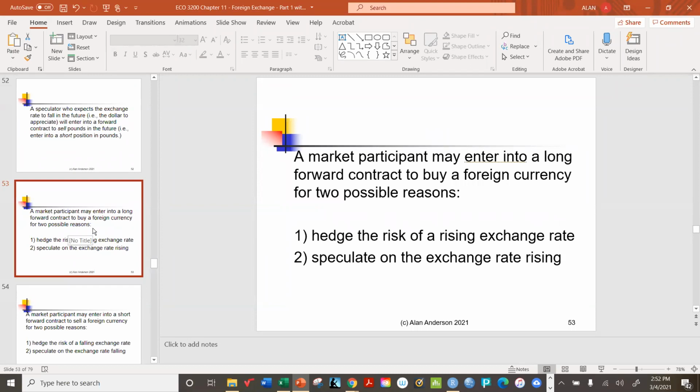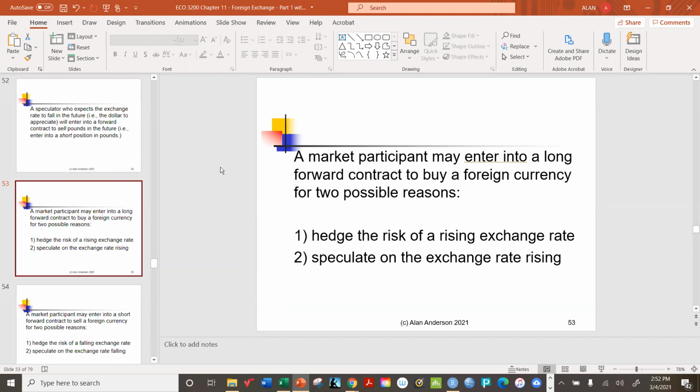All right, so here we go. Just to recap all of this, a market participant may enter into a long forward contract to buy a currency for two reasons. One, to hedge the risk of a rising exchange rate. And number two, to speculate that the exchange rate will rise in the future. In the first case, he saves money. In the second case, he makes money from his gamble.